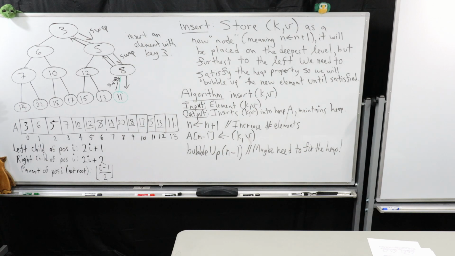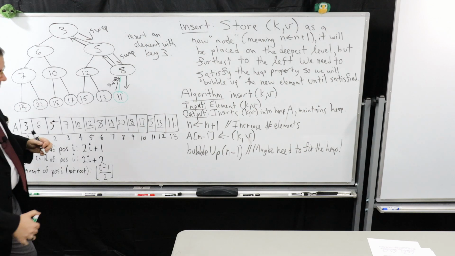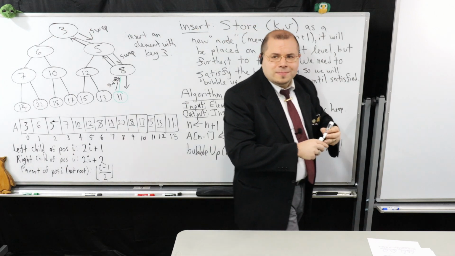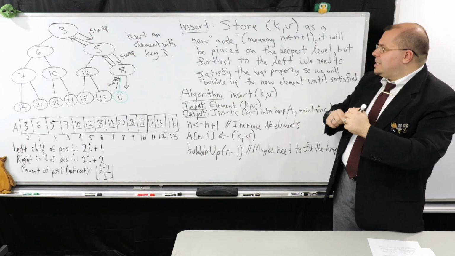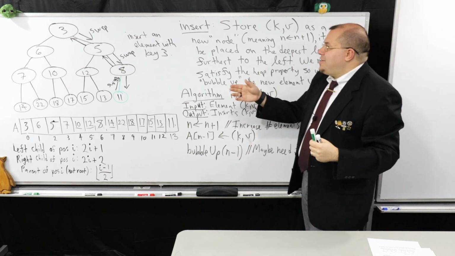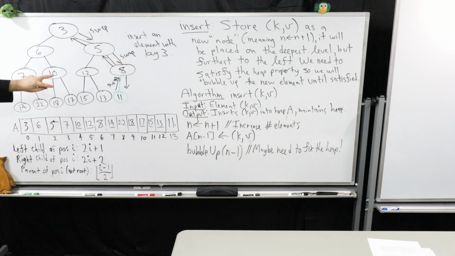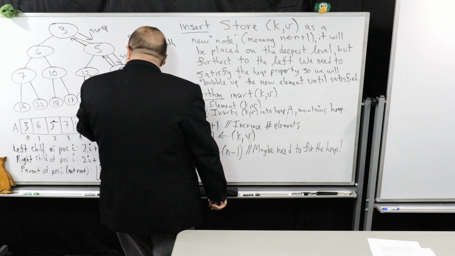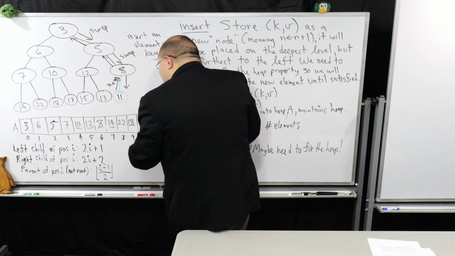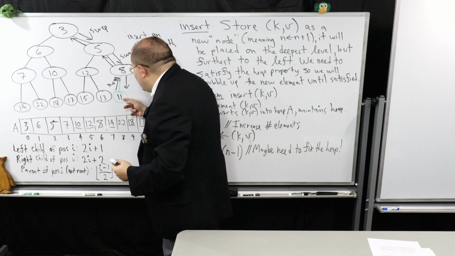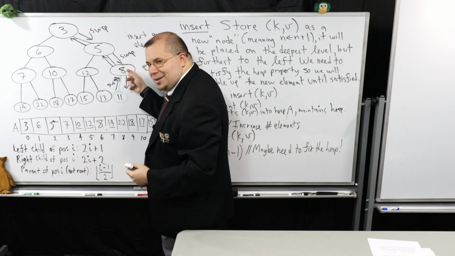Now, is this a binary heap? The answer is, of course, yes. Look at it. Now, you might ask, Dan, how do you know that this works? Like, how do you know that when I make these swaps, I'm not going to mess anything up? Well, think about it. When I made this swap, I did it because this key was less than this one.